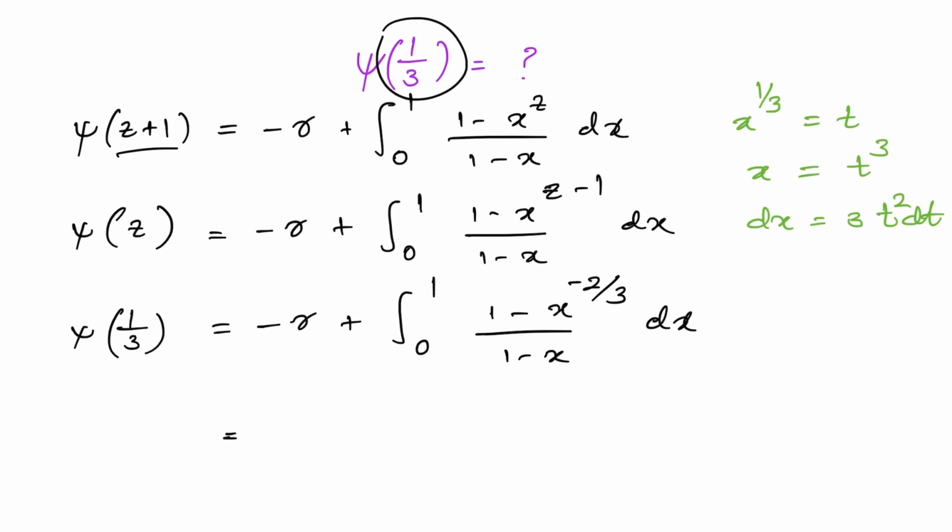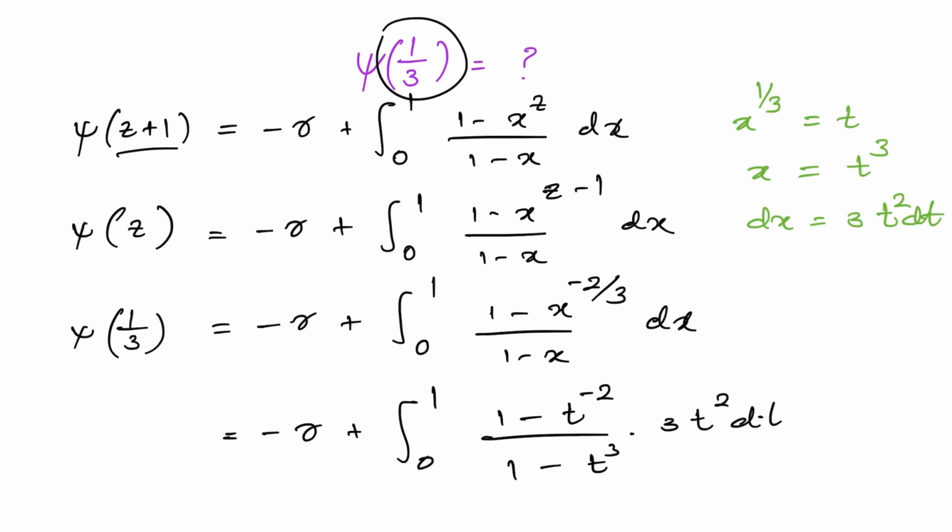So we have minus gamma plus, now boundaries, lower limit and upper limit, also 0 to 1, and here 1 minus x to the minus 2/3. So we know t to the minus 2, over 1 minus x, where x we know is t cubed, and dx we have 3 times t squared dt.